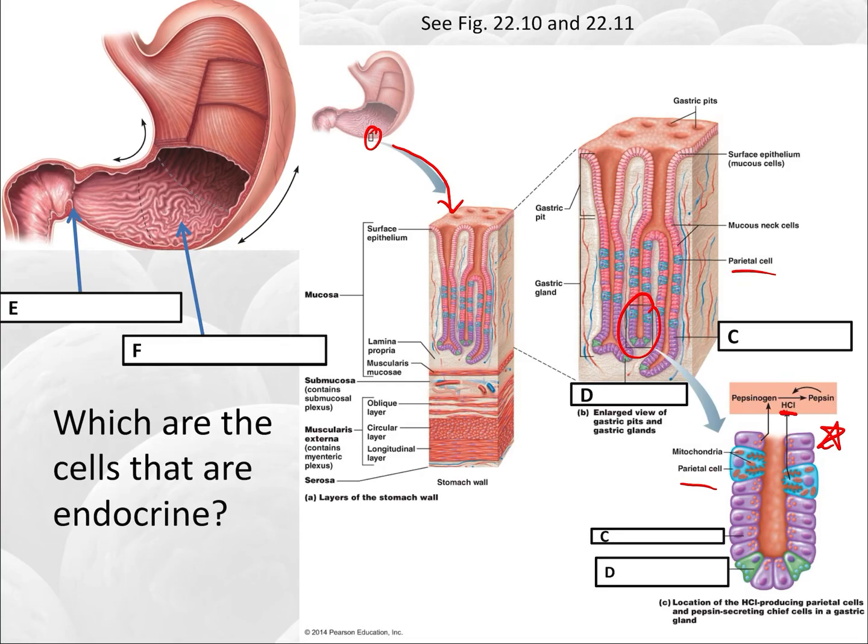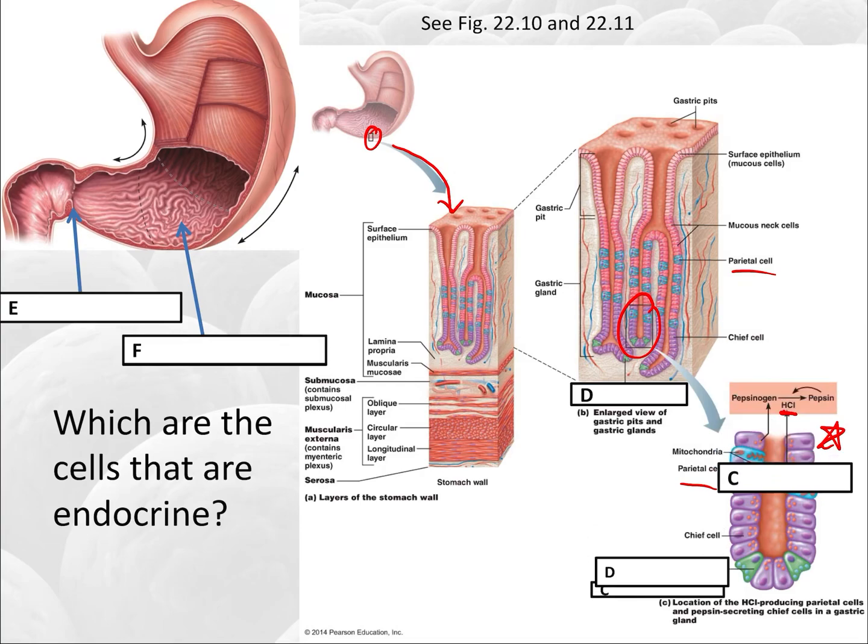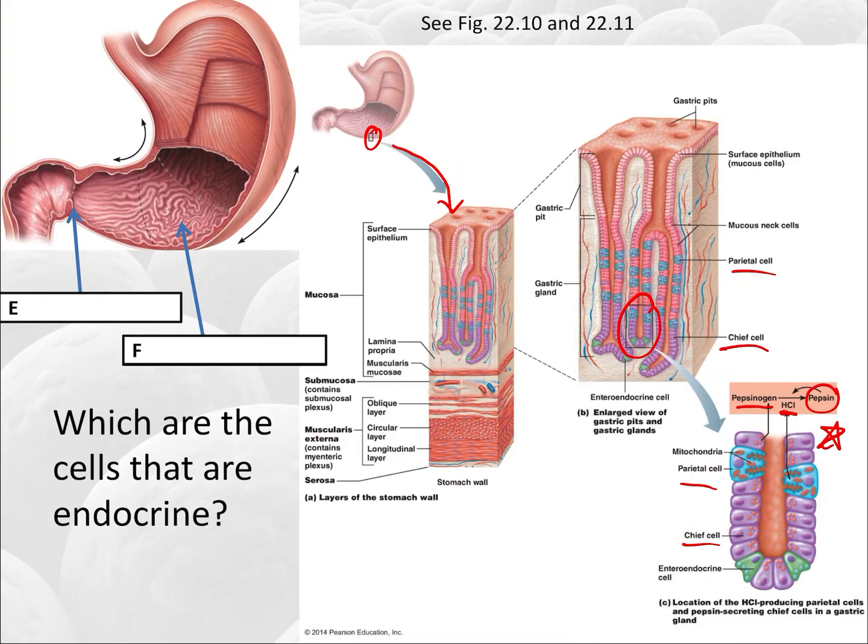C are those purple-looking cells. They look like they're releasing something into the gastric pit as well, so those would be exocrine. Those would be our chief cells, releasing pepsinogen. And then the hydrochloric acid actually converts that into pepsin, which is the active form of that enzyme that will break down the protein. Then we've got D, which are those enteroendocrine cells.